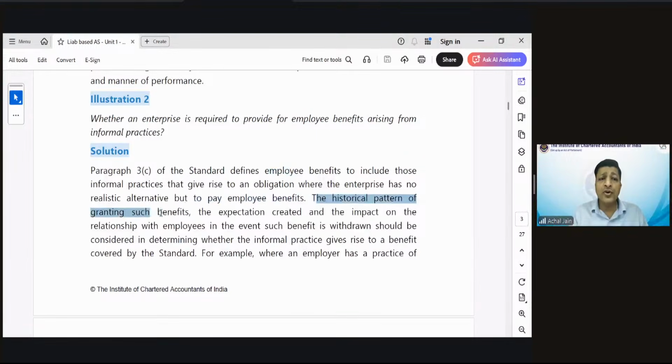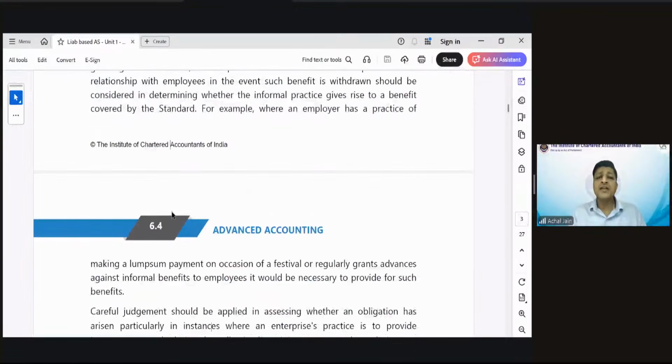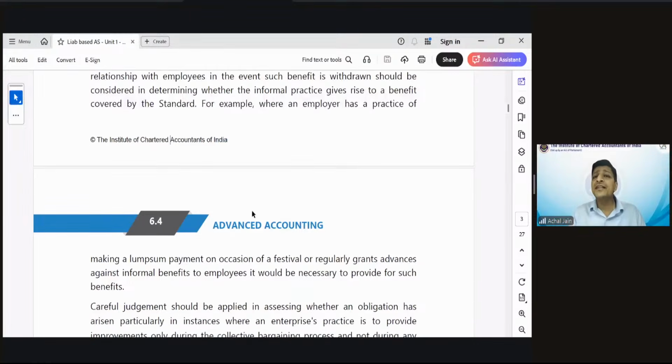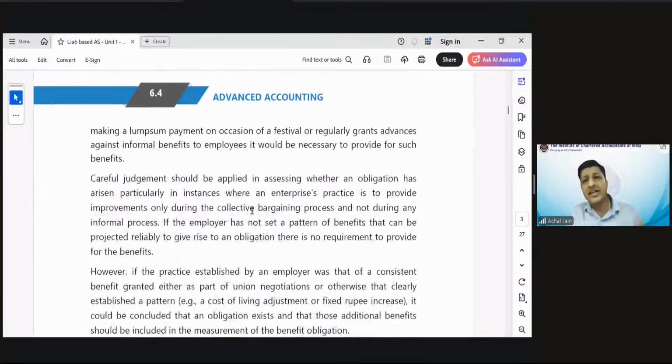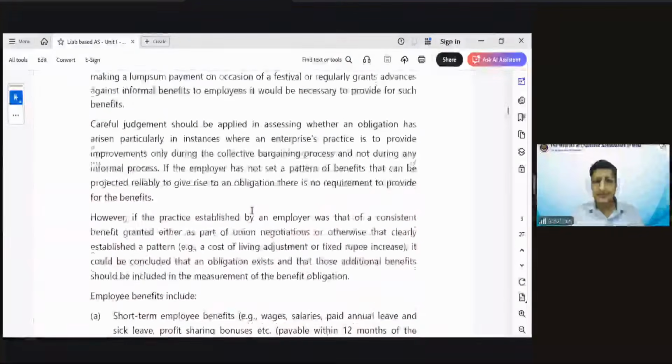Historical pattern of granting such benefits, expectation which is created, and impact on relationship with the employees in the event such benefit is withdrawn should be considered. For example, where an employer has a practice of making a lump sum payment on the occasion of Diwali festival. Let's suppose every Diwali festival, some payment is made to the employees. Now, will you be considering that as an employee benefit? Answer is yes. You will be considering that.